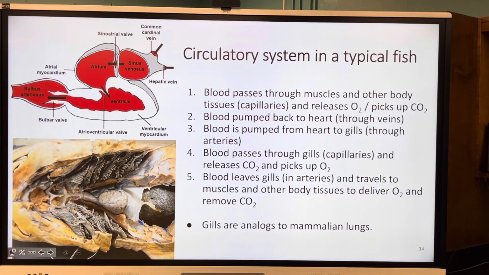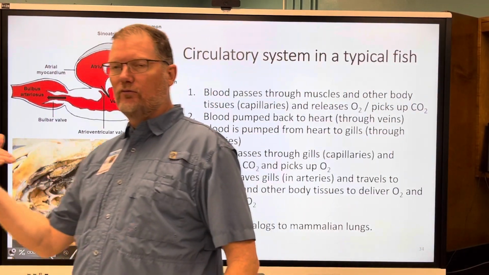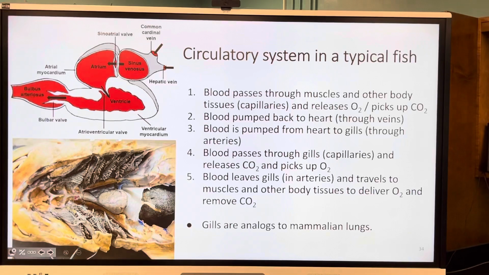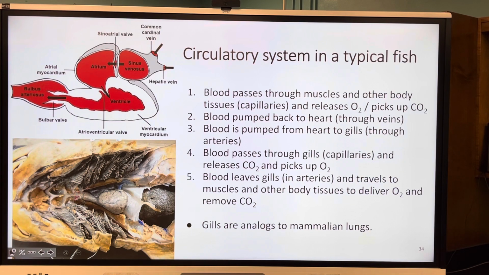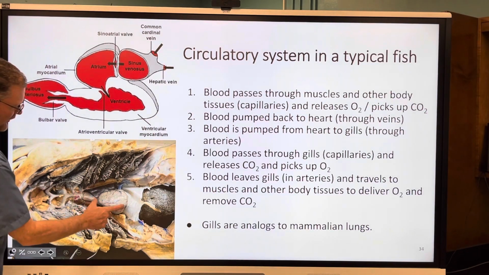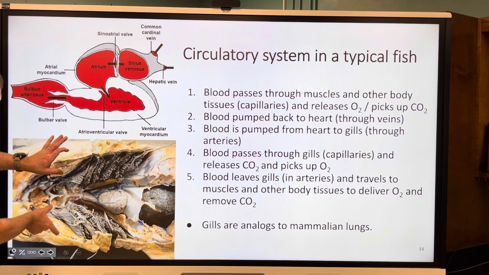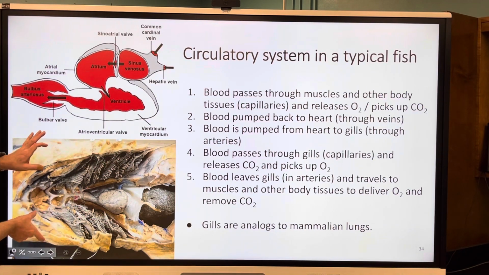And then our last slide today is what does the flow of blood in a typical fish look like? The circulatory system of a typical fish. So it's very similar to a mammal, except if you were to look at a mammal, this would be the heart and these would be the lungs, rather than the gills coming down both sides of the fish.